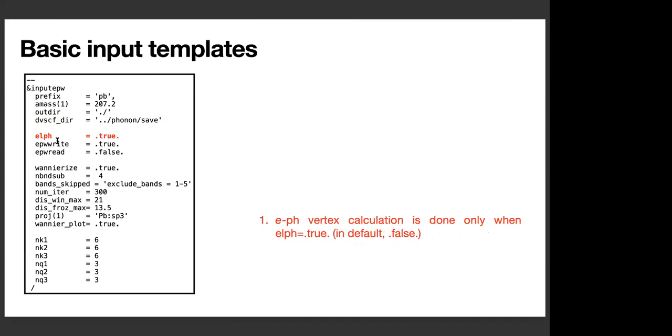The next input keyword is elph. This elph input keyword enables the electron-phonon vertex calculation. Importantly, elph is by default false, but in most cases you need to perform the electron-phonon vertex calculation.